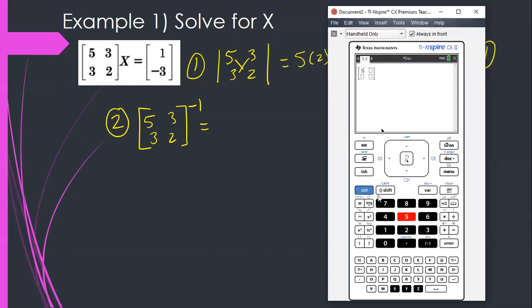I'm going to input the values. So I put exactly what was written down, I'm looking for the inverse of my 2 by 2. I input the matrix, input the -1, hit enter, and there's my inverse. So that's step 2, to find the inverse.